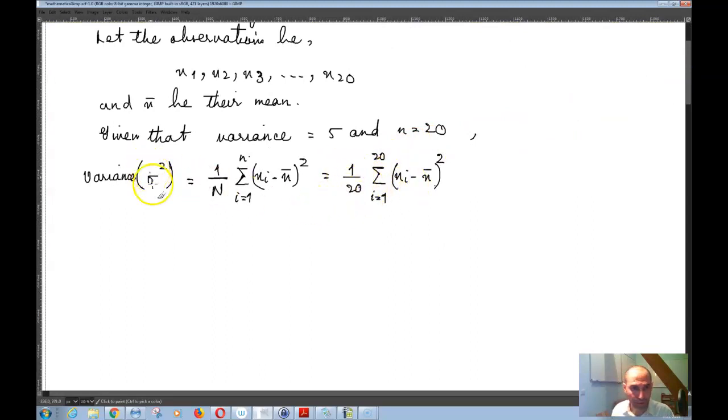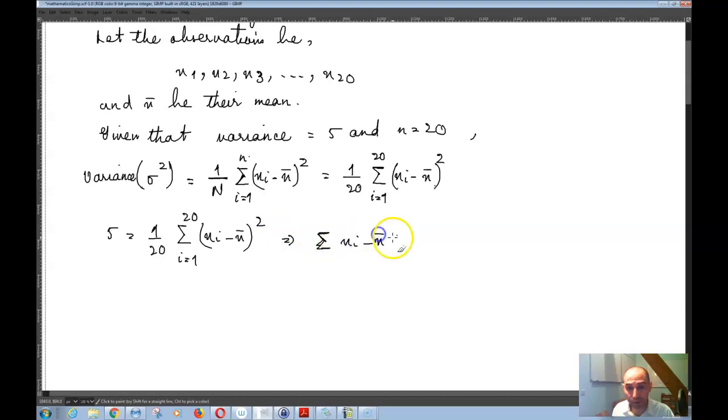If the variance is equal to 5, then I can write 5 is equal to 1 divided by 20, sigma x of I minus x bar all squared as I goes from 1 to 20. That means this part of the expression is equal to 5 divided by 1/20th, or 5 times 20, which is equal to 100. That means sigma x of I minus x bar all squared as I goes from 1 to 20 is equal to 100. We call this equation number 1.